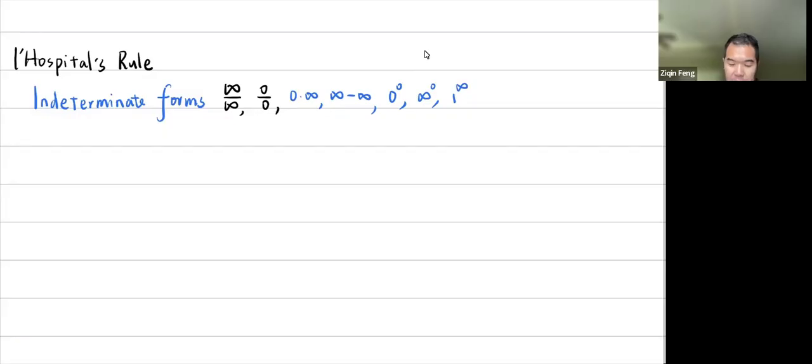If you have these different kinds of indeterminate forms, you can still somehow change them to an indeterminate quotient, then apply L'Hopital's rule. So let's see a few more examples.